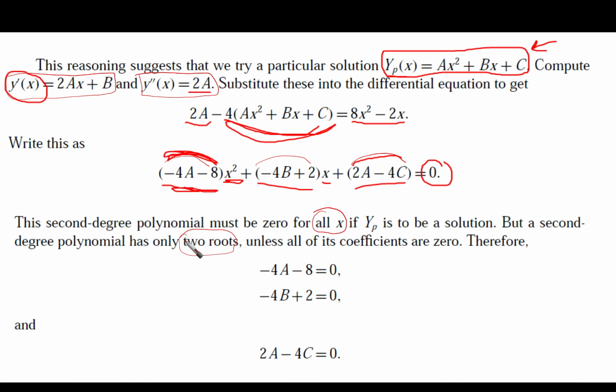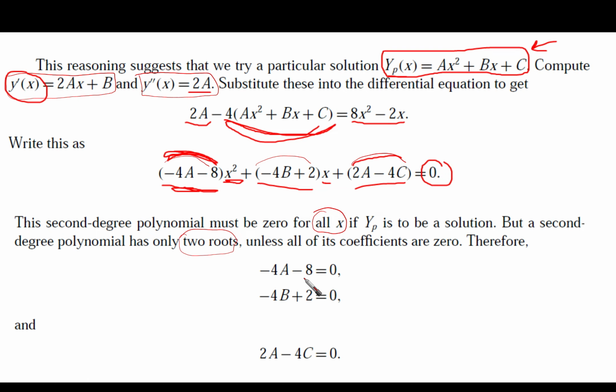This is what we said here. A second-degree polynomial has only two roots unless all of its coefficients are 0. These are the coefficients here: minus 4a minus 8, minus 4b plus 2, 2a minus 4c. So each one of them should equal 0 independently.